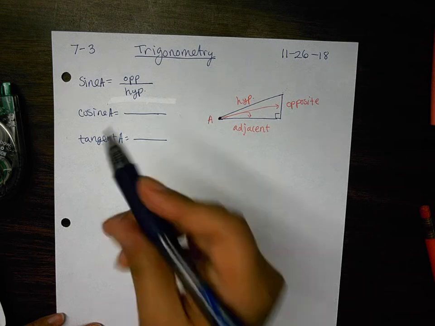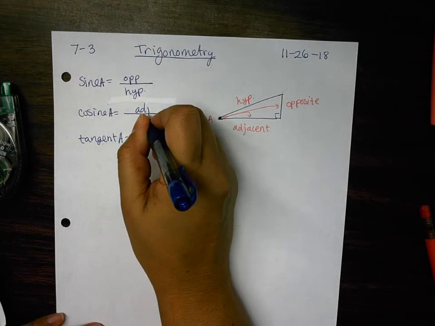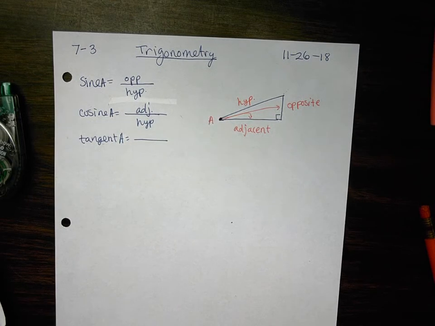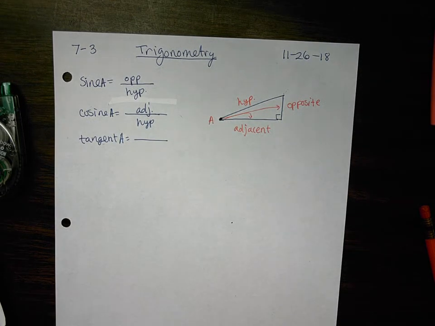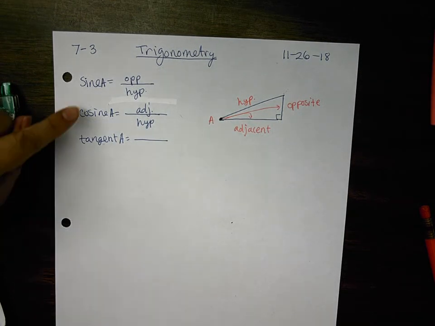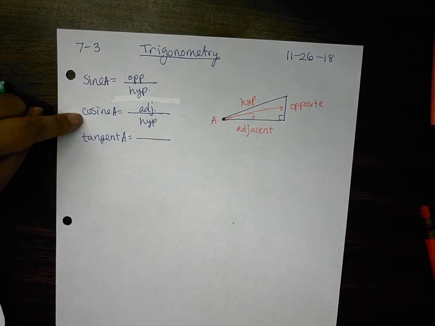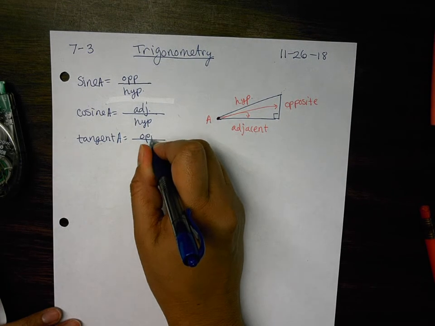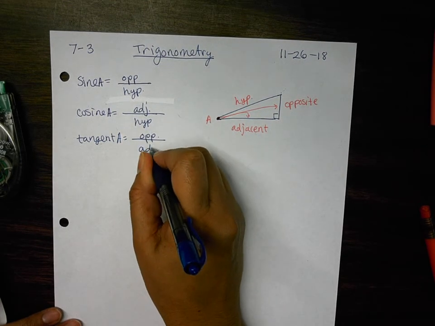Cosine will always be a ratio of your adjacent side over your hypotenuse. Your adjacent leg over your hypotenuse. Every day, all day. Sine is opposite over hypotenuse. Cosine is adjacent over hypotenuse. Tangent will always be opposite leg over adjacent leg.